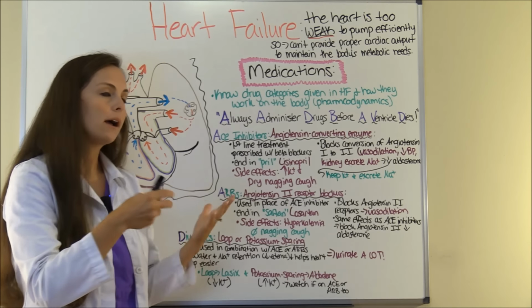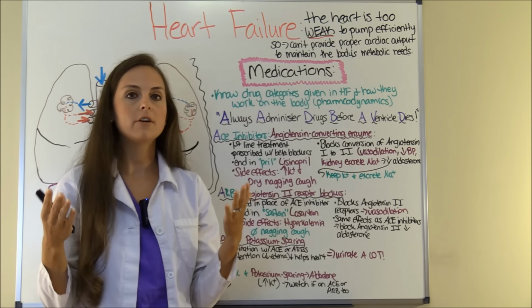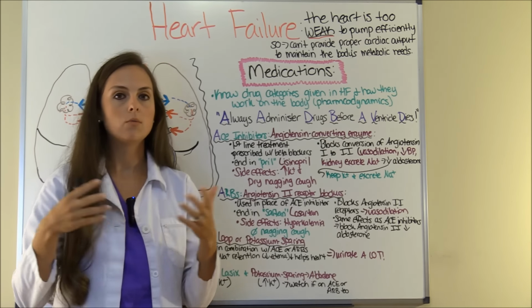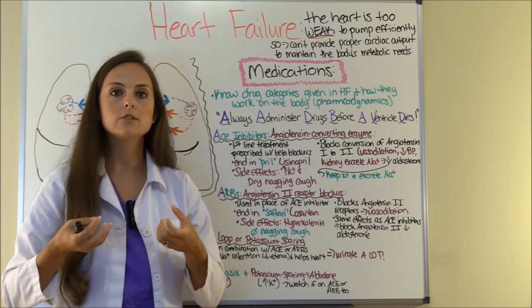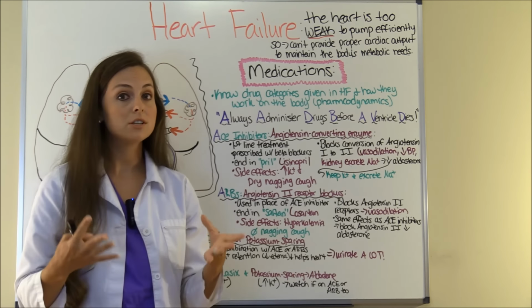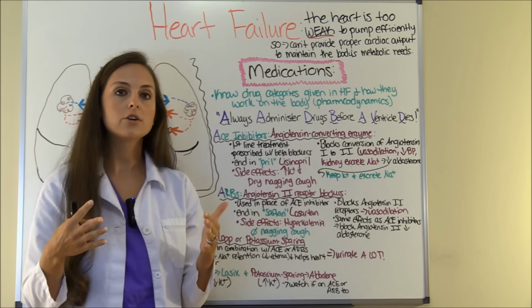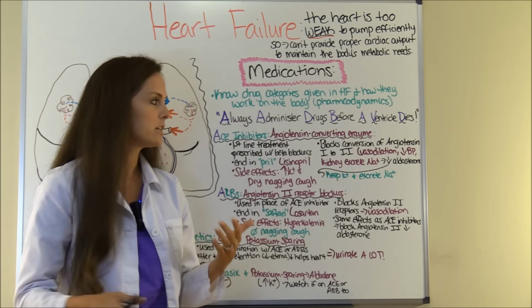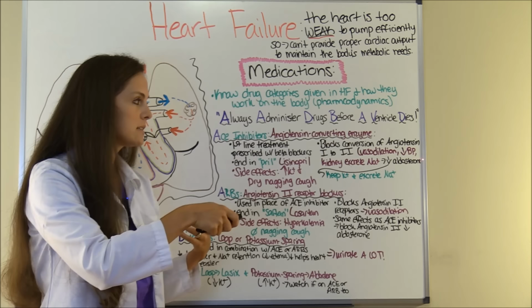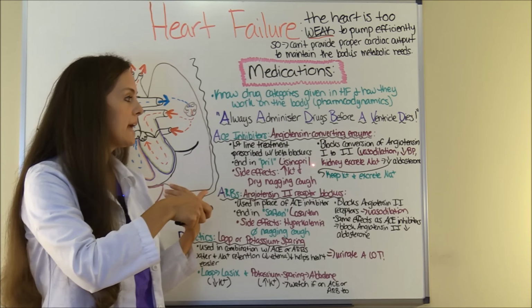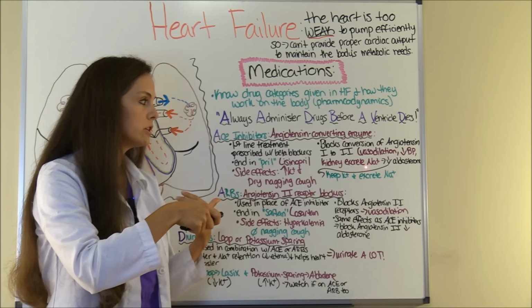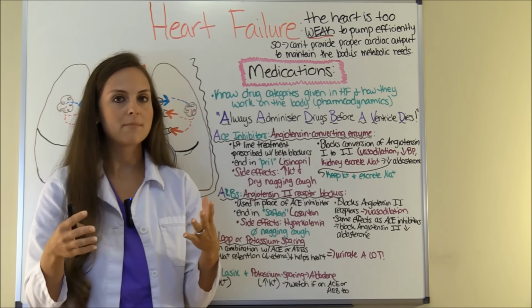And how does that work? Well, we know whenever angiotensin 2 works, it causes vasoconstriction, but it's not allowed to do that. So in turn, you're going to get vasodilation, which is going to decrease the blood pressure. And you're going to get kidney excretion of sodium. Think back.